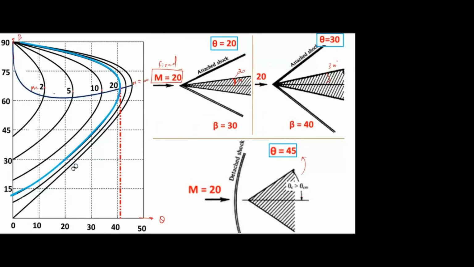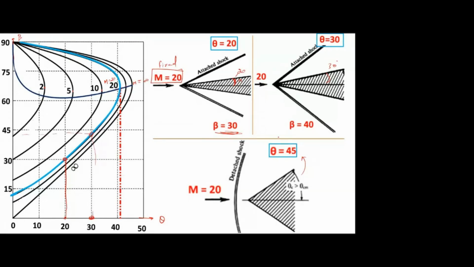Yes, sir. So the Mach number is 20, and this blue line is for Mach number 20. In the first case, I have theta of 20, and you see I am getting one intersection point. The corresponding beta is 30. Then I increase theta from 20 to 30, with the same Mach number, and now I am getting another intersection point.